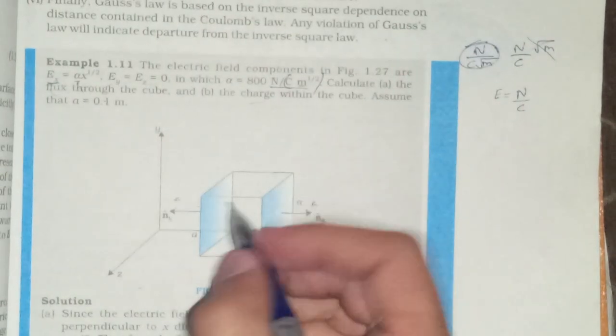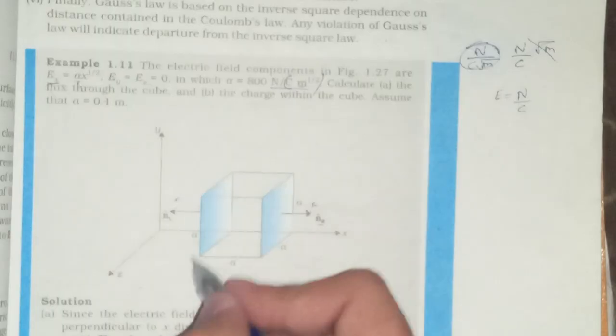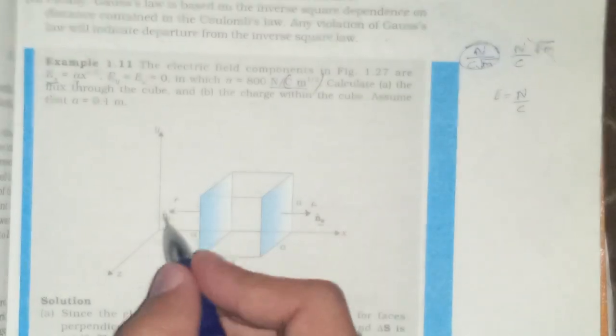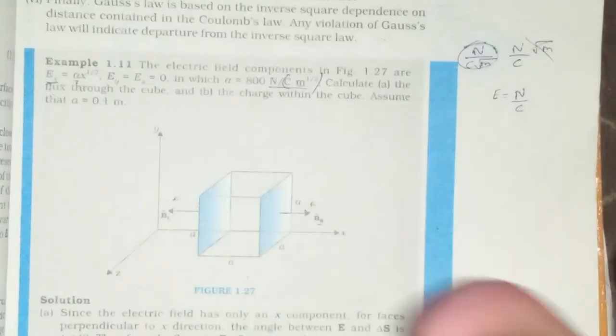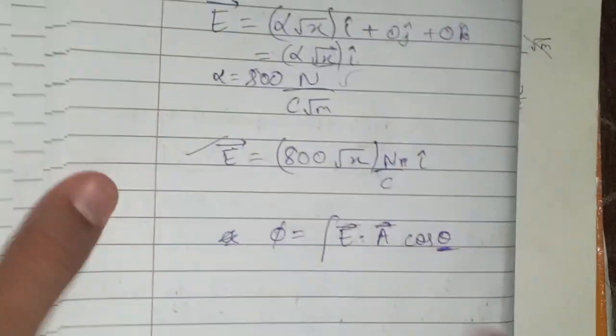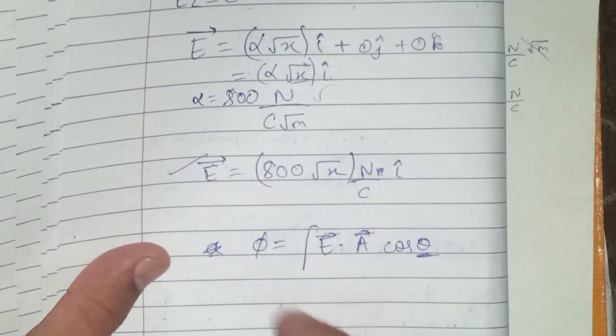Now we go for this surface. The area vector and the electric field are completely opposite, so theta is 180 degrees.